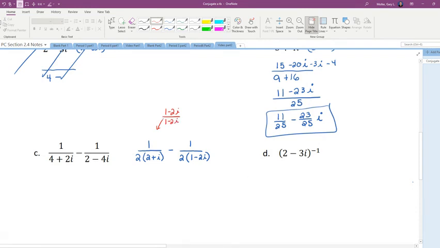Then I'll have 3 factors in the denominator. And if I multiply the other one by 2 plus i over 2 plus i, they will all have the same thing in the denominator.